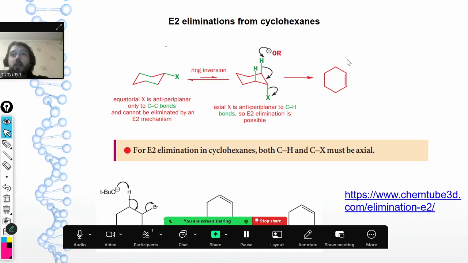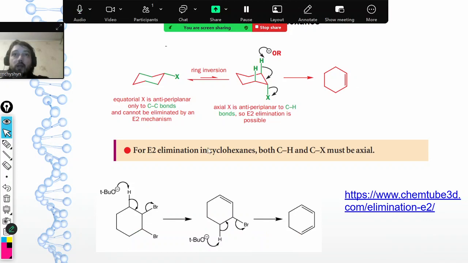So E2 elimination will yield this sort of product. And for E2 elimination in cyclohexanes, both CH and CX must be axial. So you cannot get them parallel in the equatorial plane, so they will be not. They will be parallel only if they are axial, so only this case.